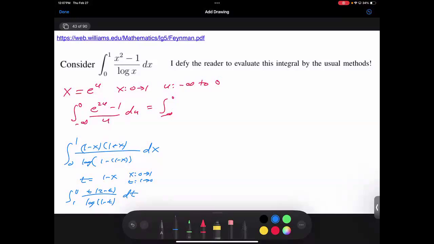I've got a t upstairs, so this is going to look like minus 1. Near t equals 0, everything is fine. I'm just doing this because I know the Taylor series near t equals 0. And t being 0 is the same as x being close to 1. So I think everything is fine near 1.